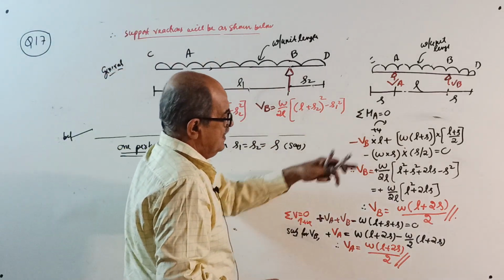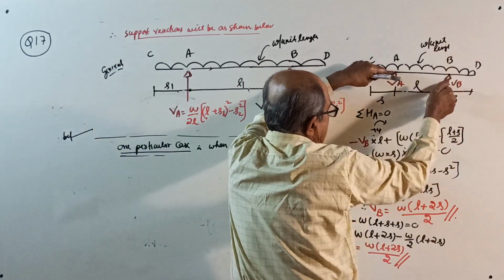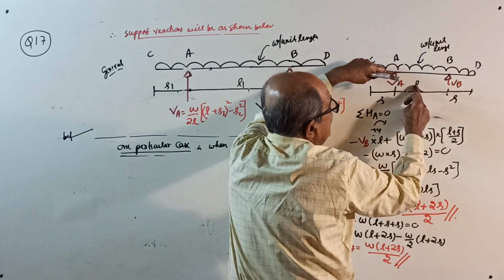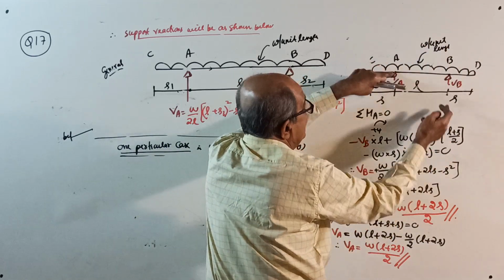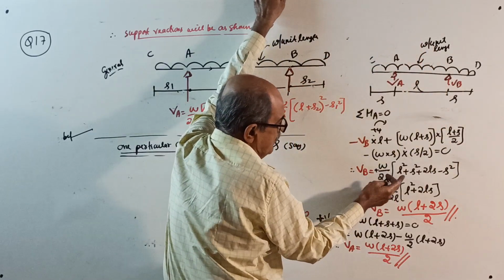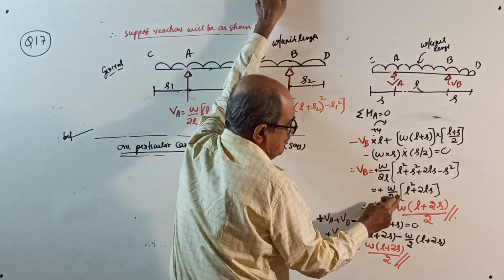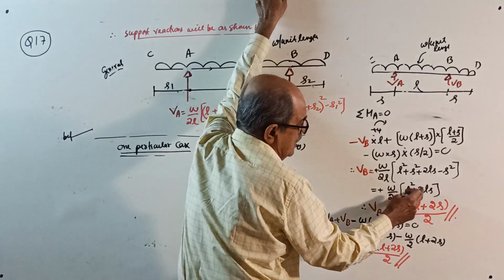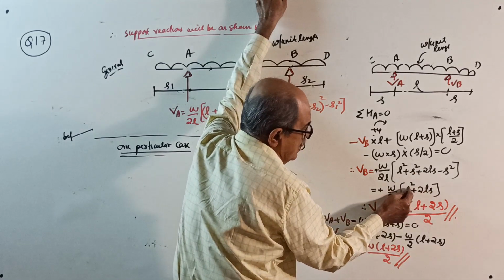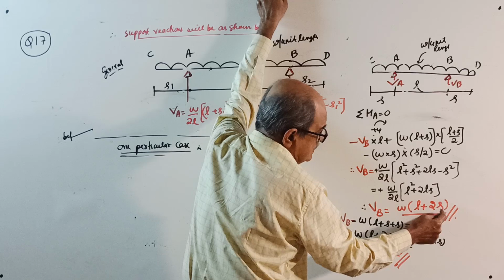Then see here, I wrote already. Take moment about A: minus VB into L plus W into (L plus S) into (L plus S) by 2 minus W into S by 2 equals 0. Simplify, you get VB. See here, this S square will cancel. It will come W by 2L into (L square plus 2LS). L will cancel, W into (L plus 2S) by 2.